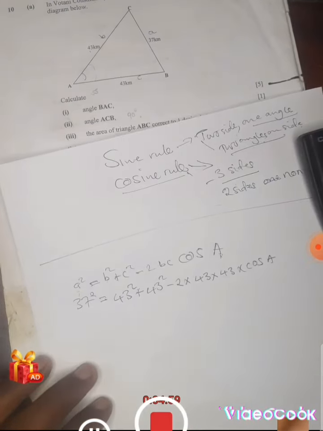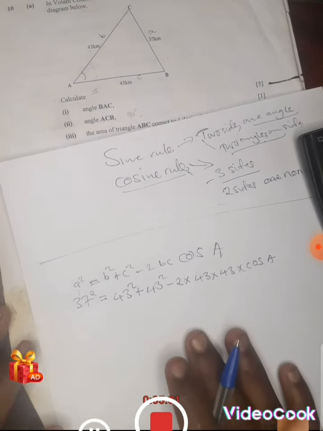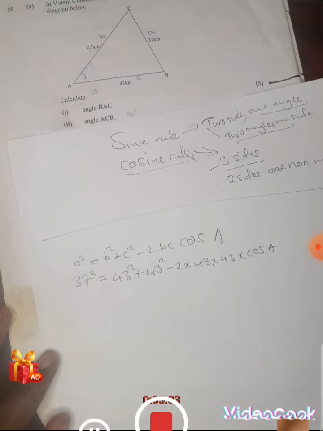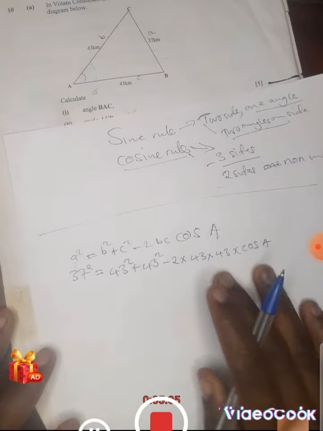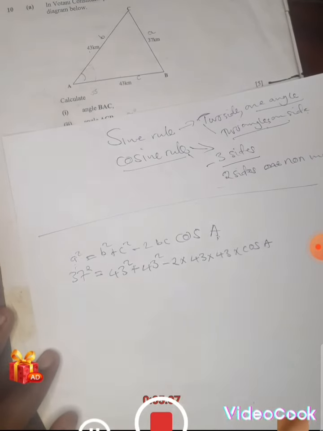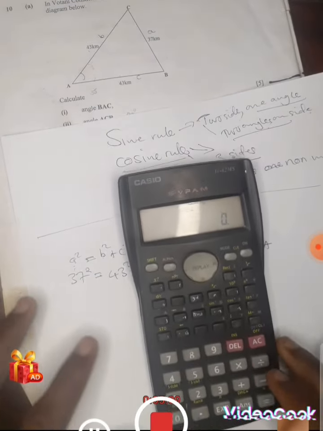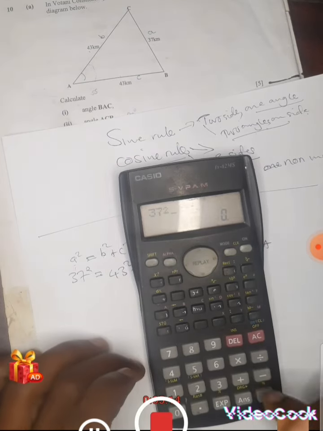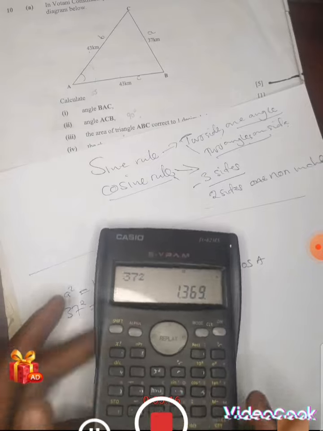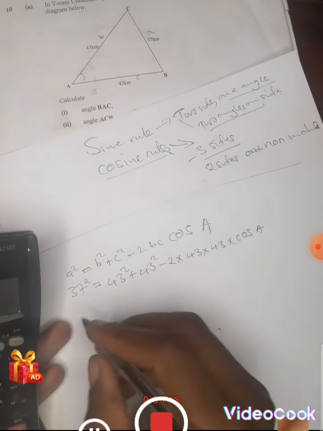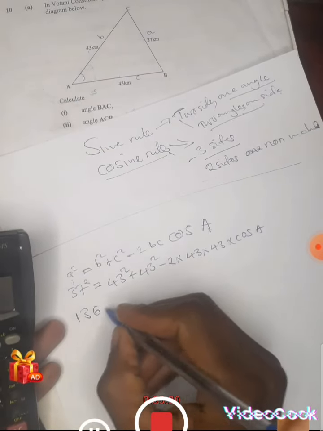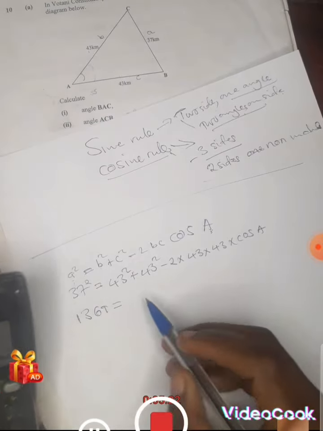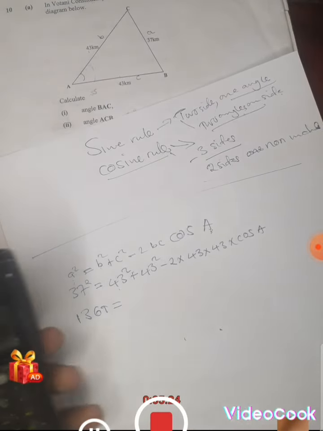So you start simplifying this one by one. So here we have 37 squared, which is 1369, which is equal to 43 squared.